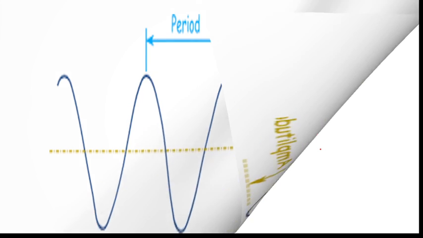Now the general form of a sine function, we can write it this way: y is equal to a sine(bx plus c) plus d. In this case, a represents the amplitude, c represents your phase shift, and d represents your vertical shift.